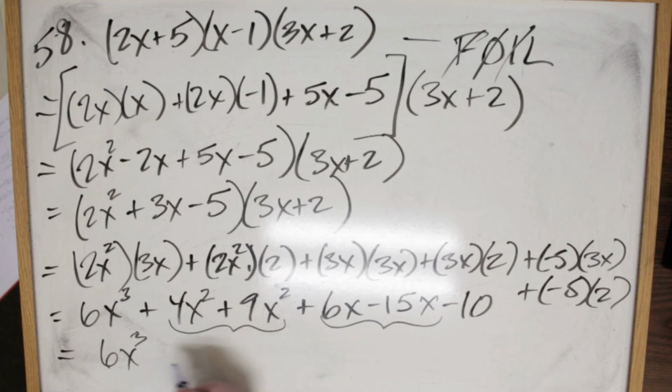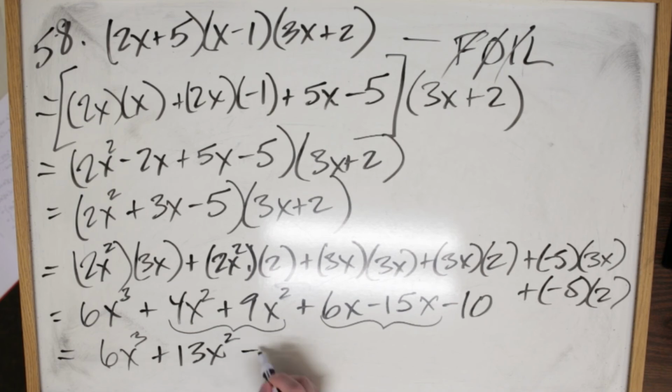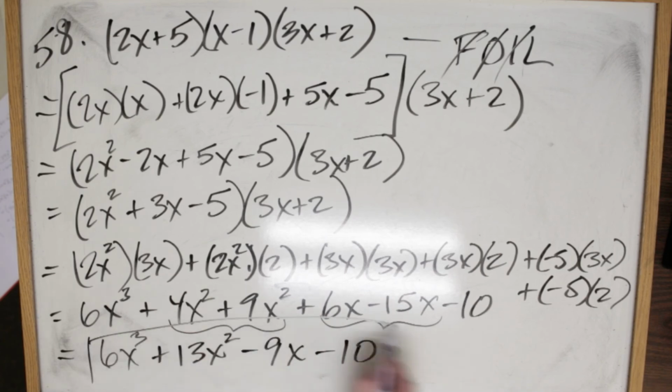Sometimes I need my toes, but fingers usually suffice. 9 plus 4 is 13. Okay, 13x squared. 6x minus 15x is, what's the difference between that? 9? Yeah. That's going to be a minus 9 because the sign for the bigger thing is minus. So it's minus 9x. And then I've got a minus 10. And that is my final answer. Okay. Boom.